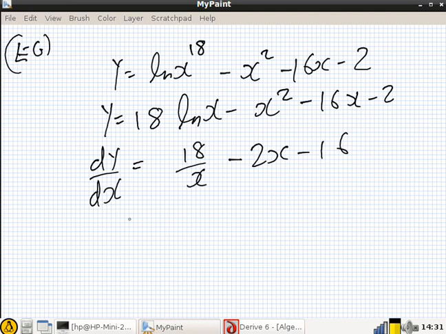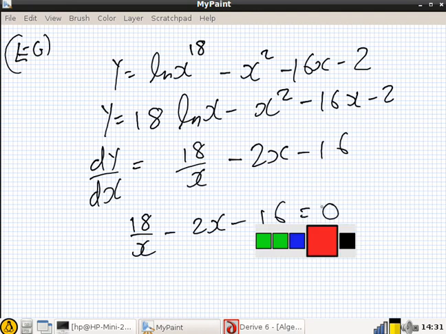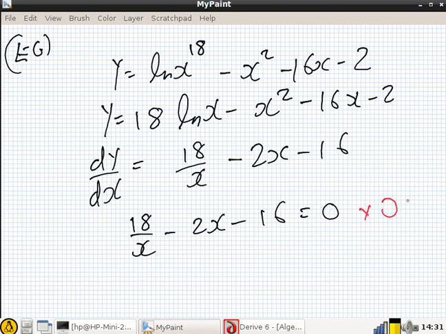To find the turning point, we want to know when that's 0. So we end up trying to solve this equation. 18 over x minus 2x minus 16 equals 0. So how can we solve this? We've actually seen this, I think, twice before now. What do we do to solve this? Yeah, multiply everything by x. And the moment you do that, you need to specify that x cannot be 0.